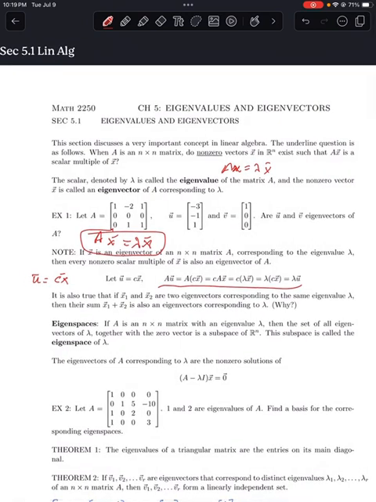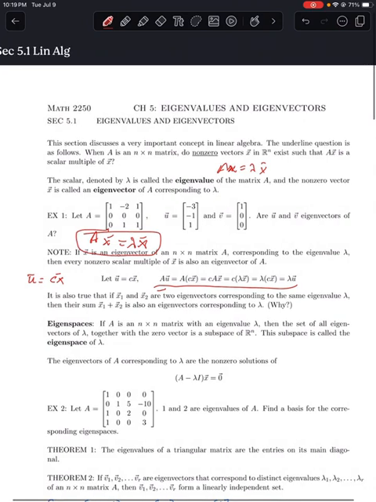Remember, the eigenvector has to satisfy this condition. So I start by multiplying u with A, and I get A u. Now I replace the value of u with c x, so A c x. We can move around the scalar but not the vectors, so I put the c in front, and then I have A times x. So c, a scalar, multiplied by A times x, which is a vector. But A times x is lambda x. C is a scalar, lambda is a scalar, and then we have a vector.